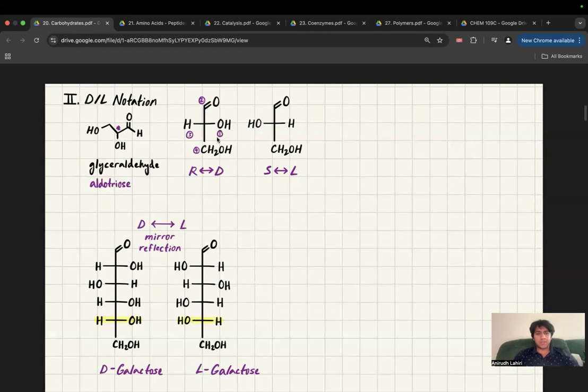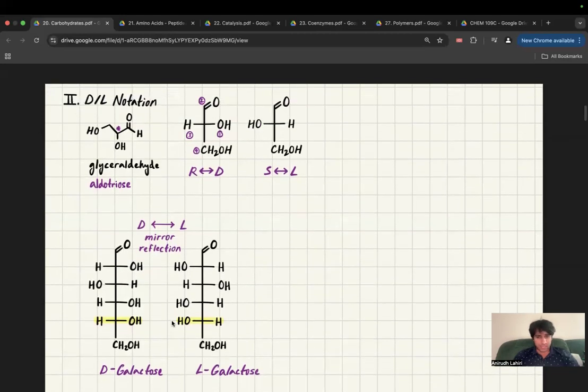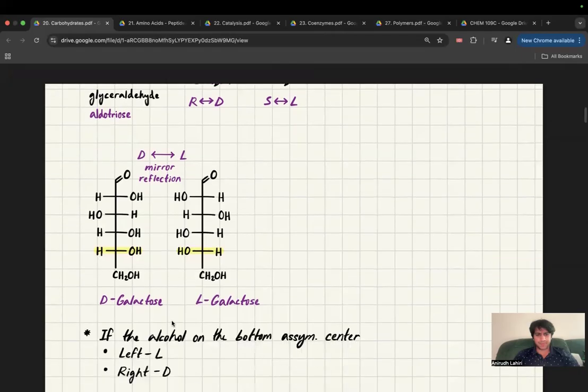Basically, we have this carbonyl carbon, and we look at the bottommost carbon, the carbon furthest away from the carbonyl that's not on the end, still on the Fischer structures right here. If we have an OH on the right side, it's D. If we have an OH on the left side, it's L. D and L are mirror images of one another. But again, it's important to note that R and D, and S and L, are not precisely the same thing.